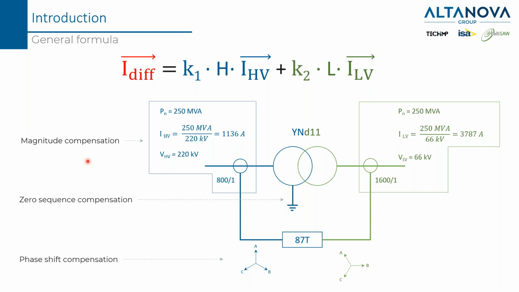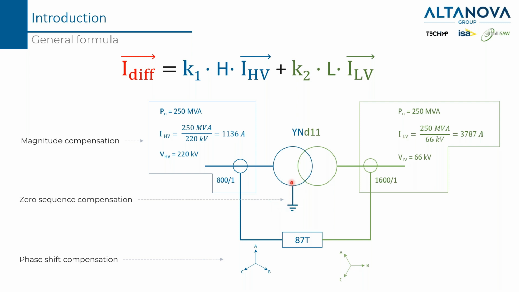Just to say it one more time, and for the last time, we have a different magnitude at the two sides because of the turn ratio of the power transformer and also because of the turn ratio of the current transformer. We also have to consider this in order to estimate the right value of K1 and K2.